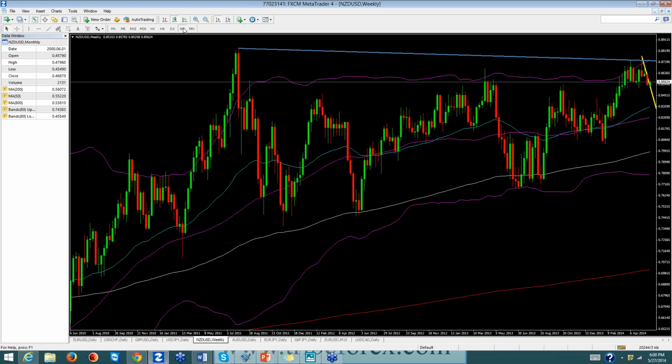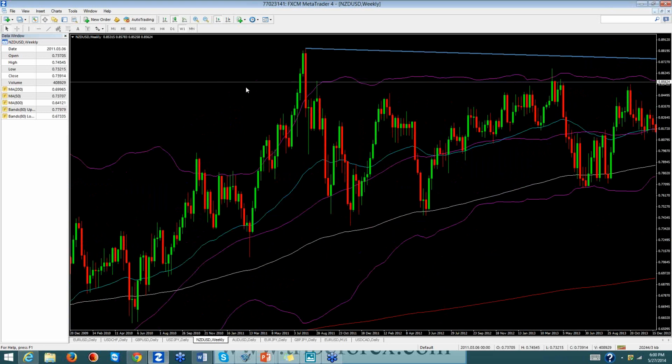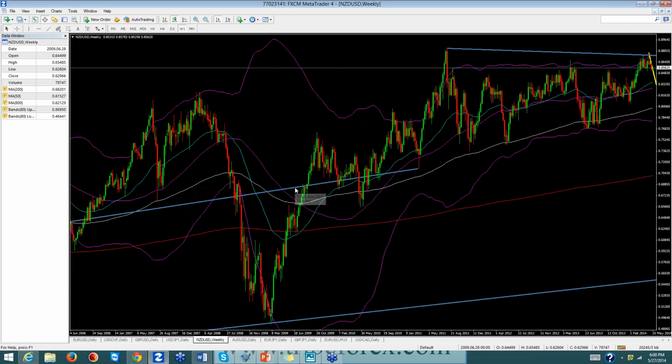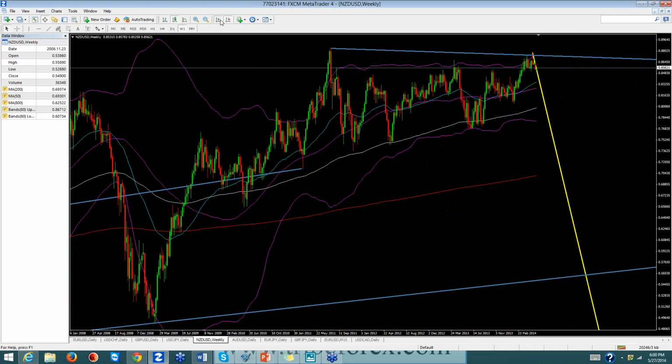Weekly. See, price dropped off, but we are in consolidation here on the weekly.